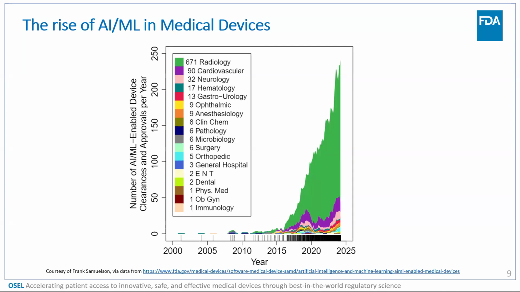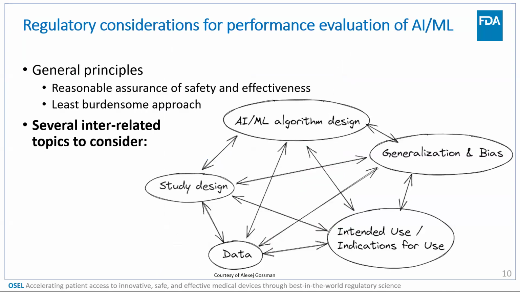And with those device submissions come a lot of questions about how best to evaluate them, what are the statistical methodologies needed, et cetera. And there are several interrelated topics to consider, such as data acquisition and data quality, study design, AI algorithm design, which can often feel like a black box in some cases, and also intended use.